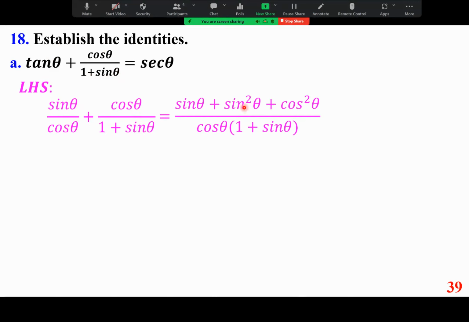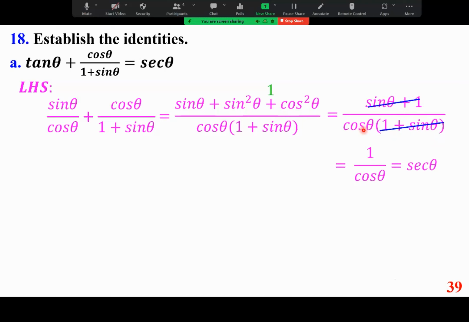We add them up. These two add up to 1. Sine theta plus 1 is the same as 1 plus sine theta. If you cross them, it becomes 1 over cosine theta, which is secant theta. And that's the proof.